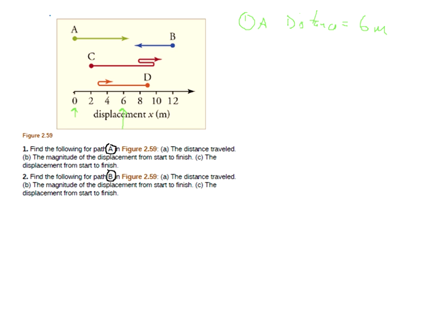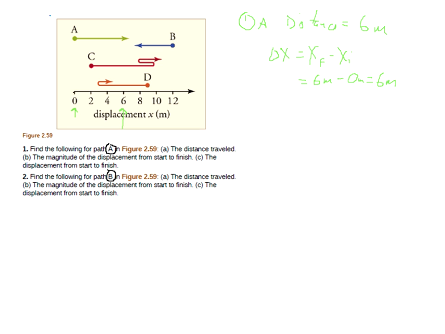Magnitude of the displacement from start to finish. So the displacement, delta x equals x final minus x initial. So final position is 6 meters minus initial position, which is 0 meters.